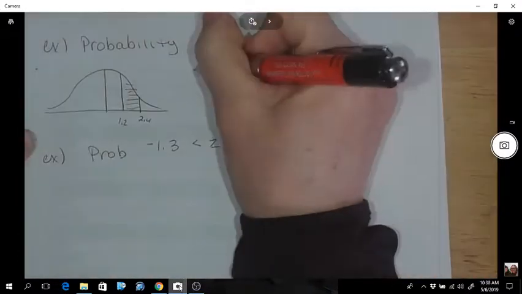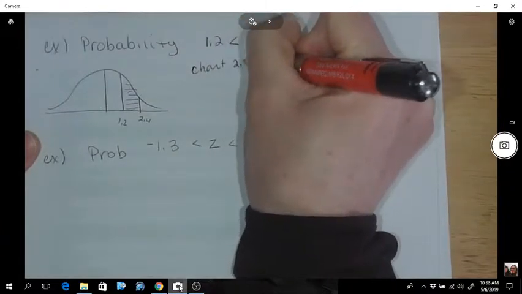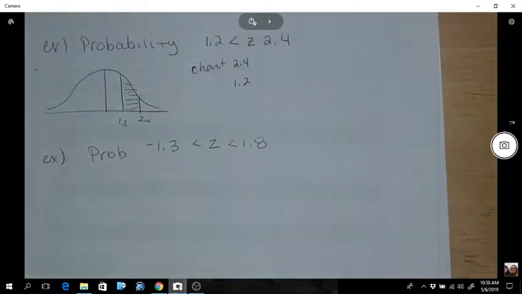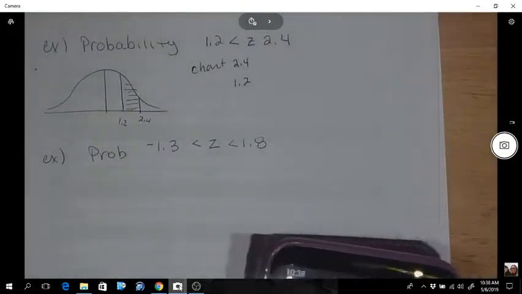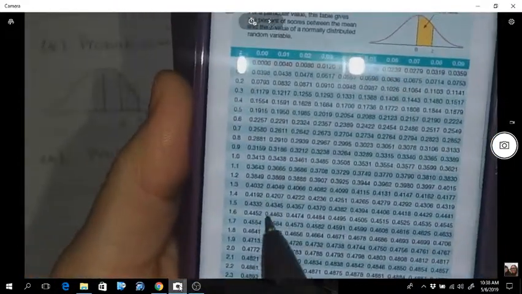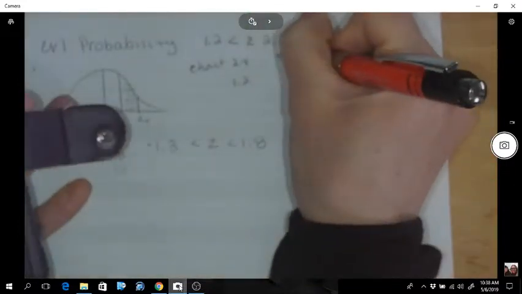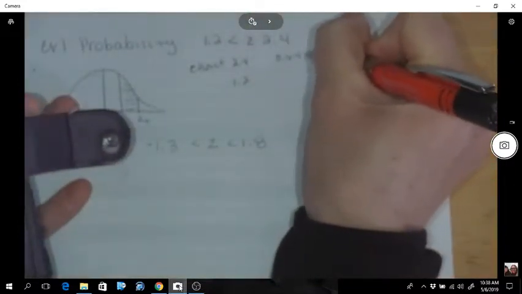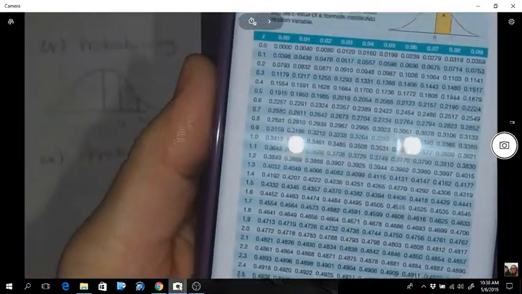So let's go to the chart and look up the values that we see there. So 2.4 is 0.4981. And 1.2 is 0.3849.